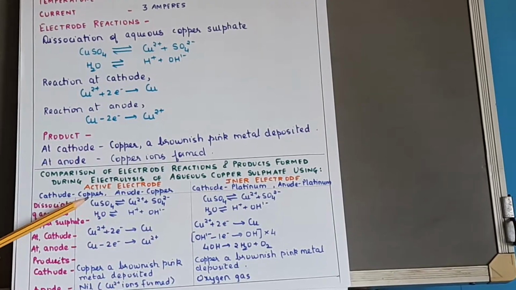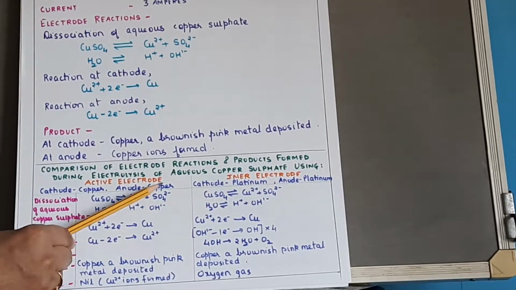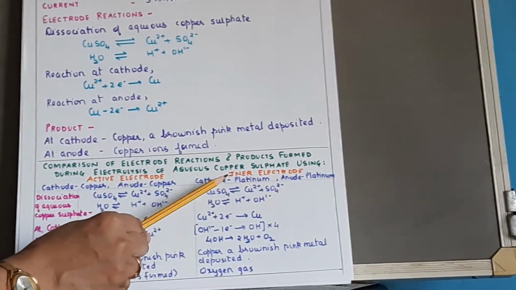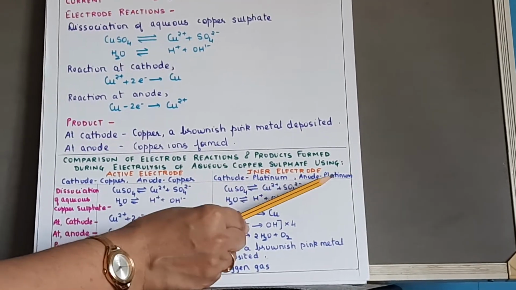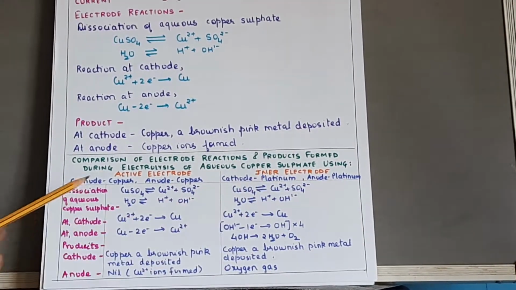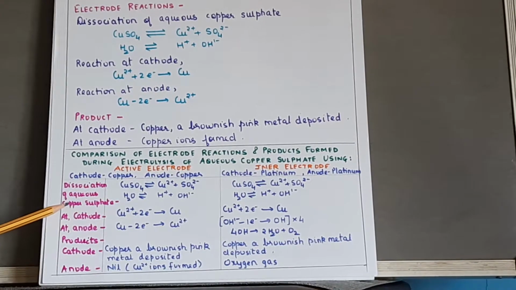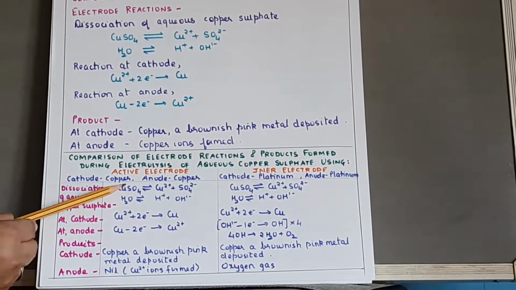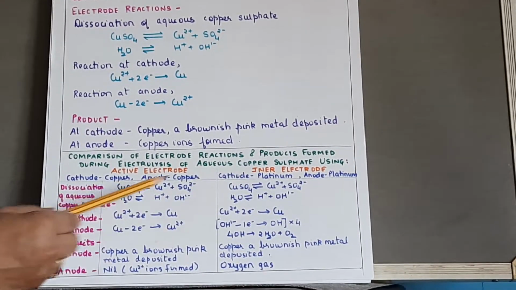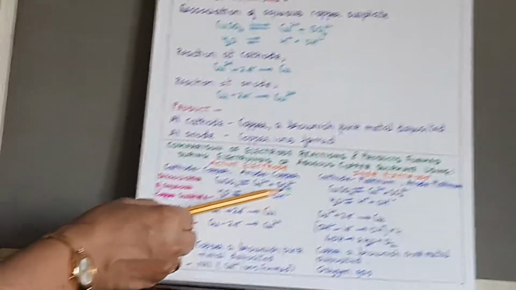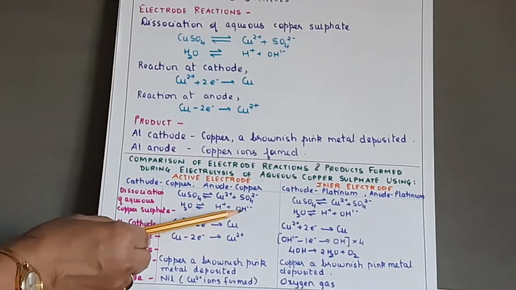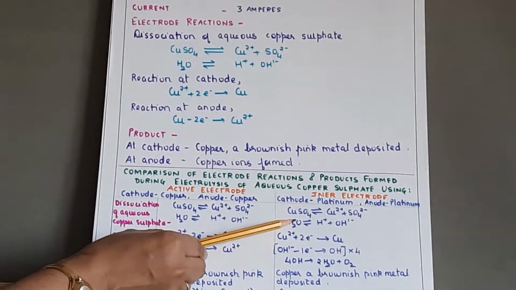So cathode is also copper, anode is also copper. Here is inert electrode, so cathode is platinum, anode is platinum. Clear? Now first step is always dissociation of the aqueous copper sulfate. So the first two reactions will be the same here. So copper sulfate dissociating to form copper ions and sulfate ions, water will form H plus and OH minus. Same thing we have written here.